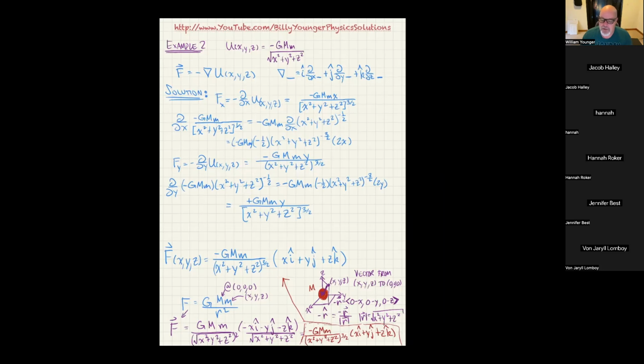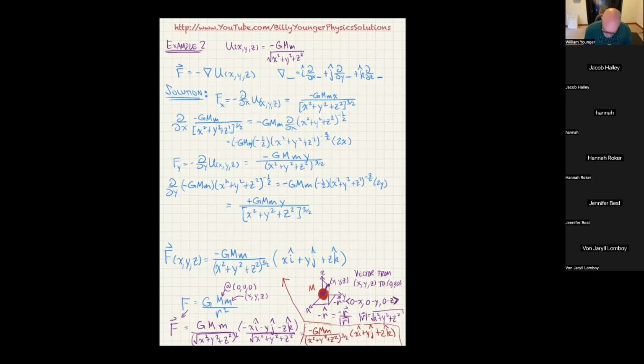So what we really did was divide the x component by the square root of x squared plus y squared plus z squared. We divide the y component by the same thing, and we divide the z component by the same thing. Or you can just write it like I did, where it's negative x i hat minus y j hat minus z k hat over the square root of x squared plus y squared plus z squared. So we can see that that whole part is a unit vector.